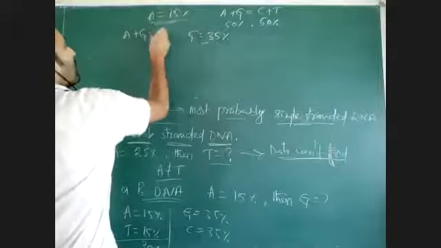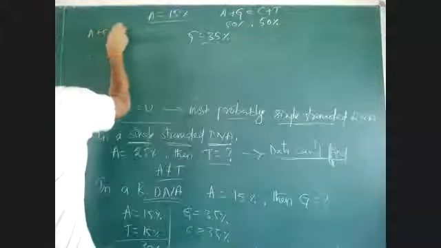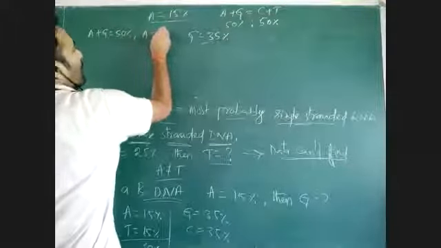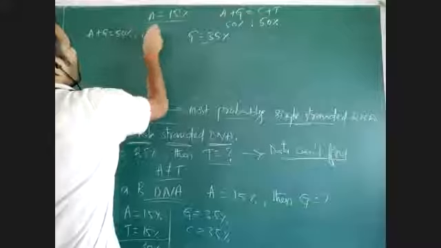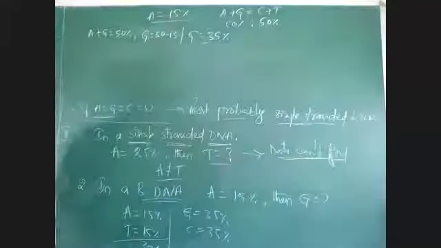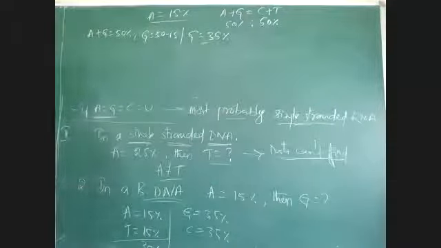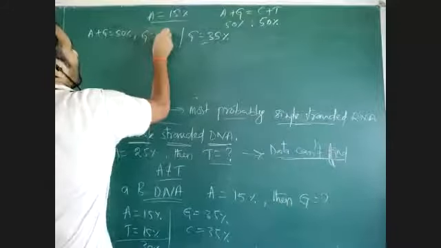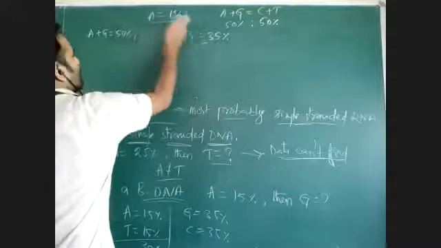A plus G is equal to 50%. So G is equal to 50 minus A. That only, otherwise no need.